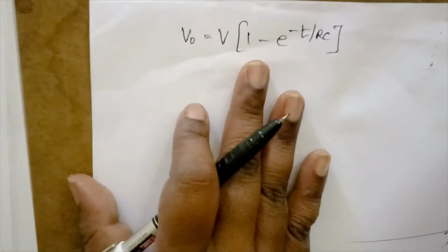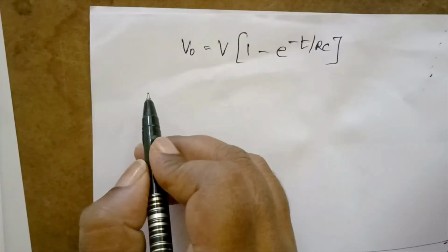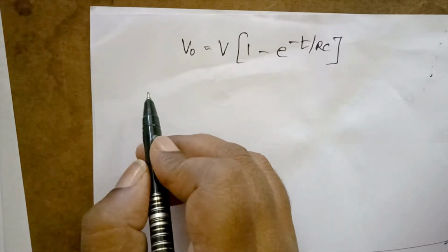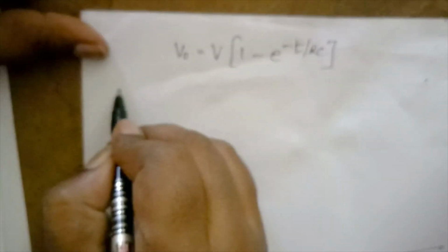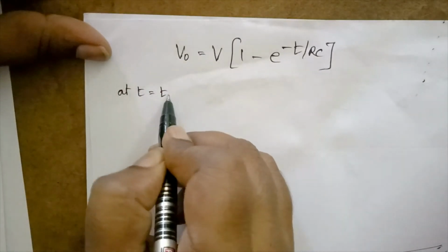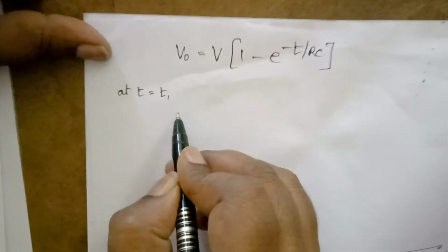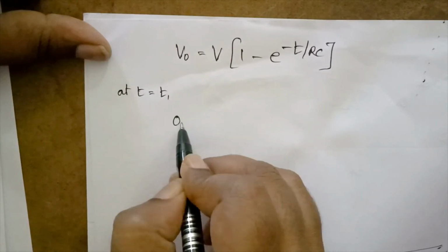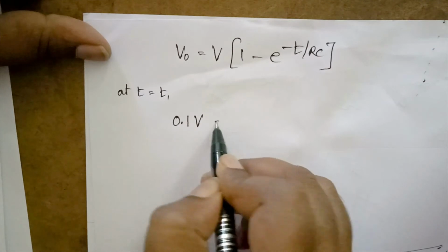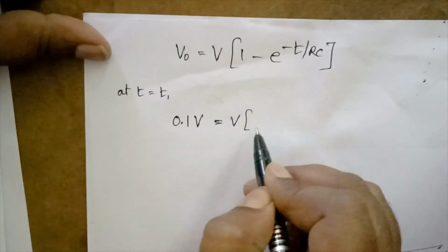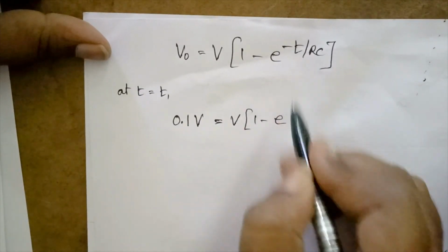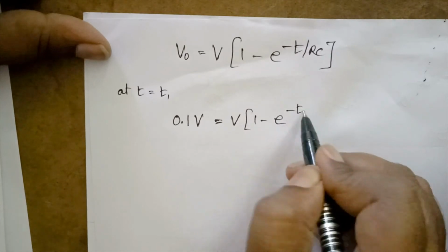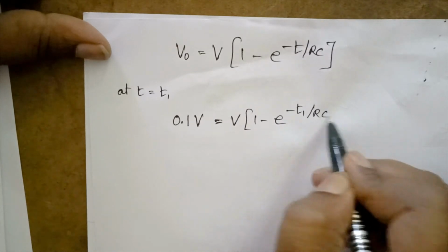First, find out the 10% of final value, that is T1. So at t equal to T1, what is the V0 value? 10% of its final value, that is 0.1 V, is equal to V into 1 minus e power minus T1 divided by RC.